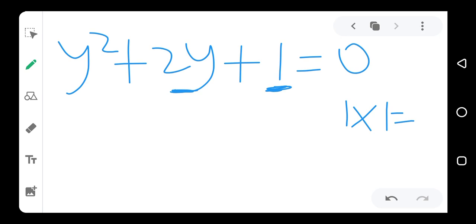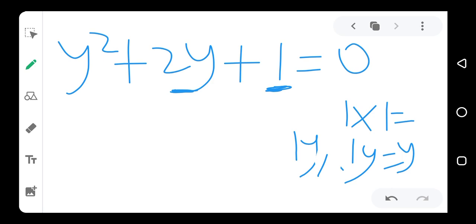We use those values. That is, it is now going to be 1y times 1y, which is equal to y. So 1y means y.